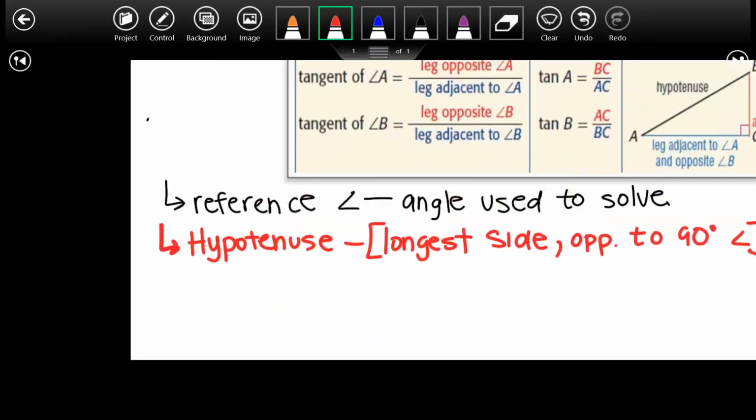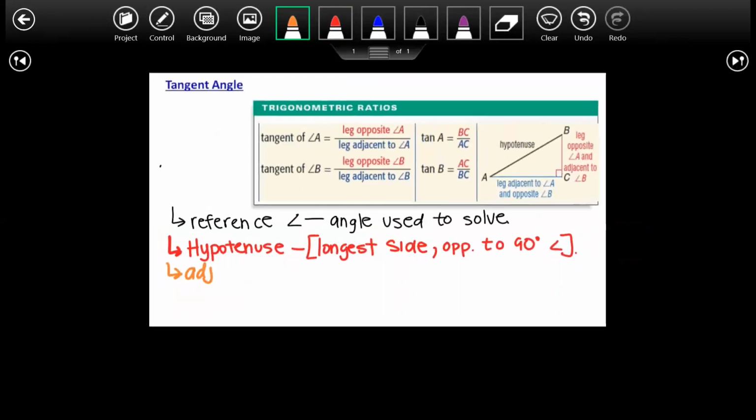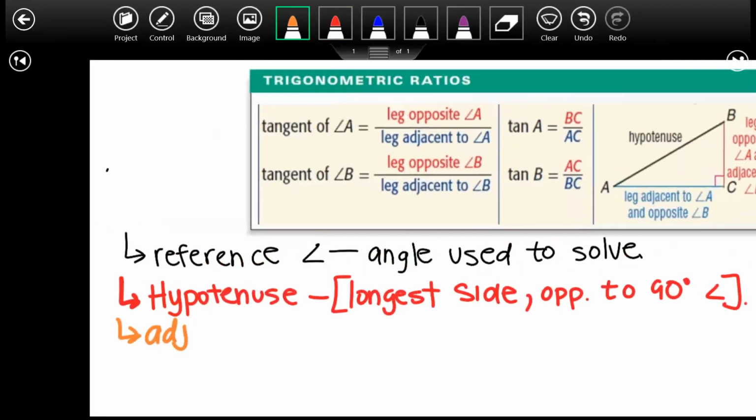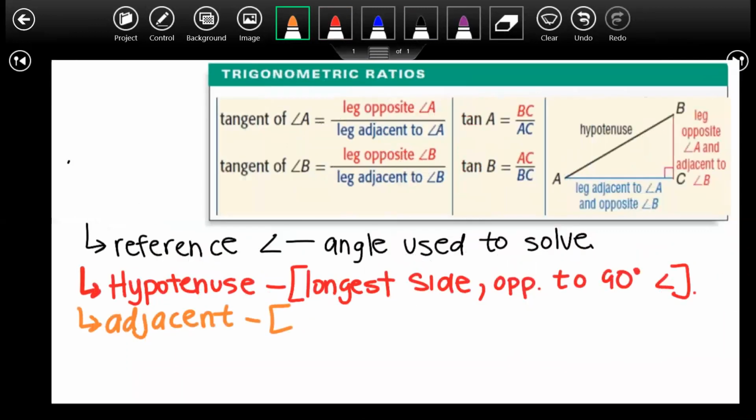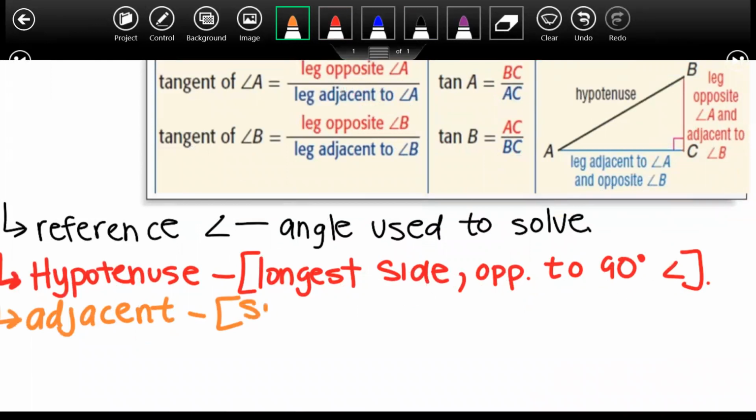The other one we're going to look at is our adjacent. Side nearest to the reference angle.